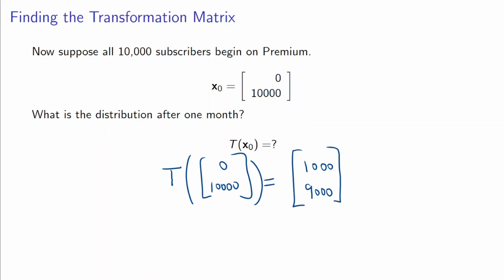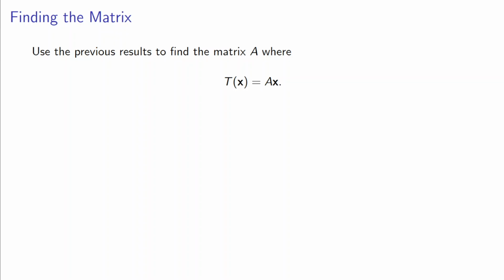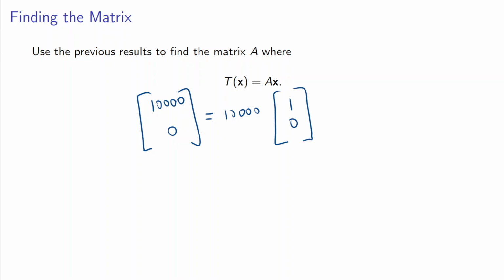Similar to what we had been looking at earlier, all we need to know about a transformation is what it does to two vectors, and if we choose those two vectors wisely, then we can figure out this matrix A. I'll point out that this (10,000, 0) vector is 10,000 times what we've called e1, (1, 0).